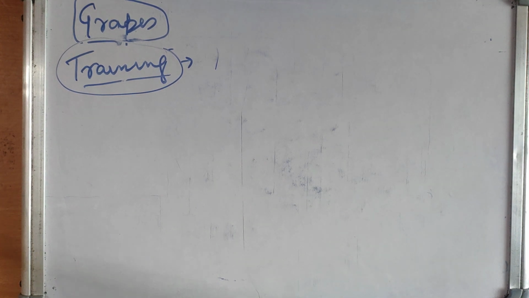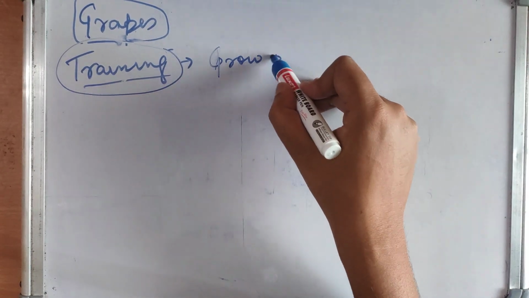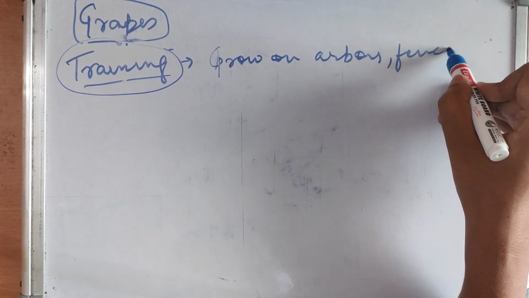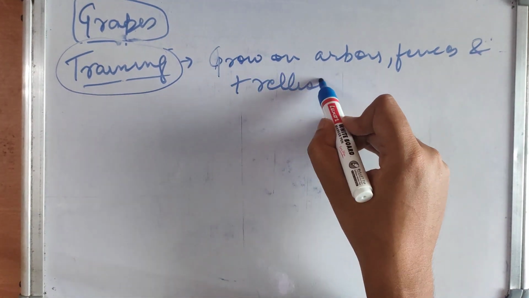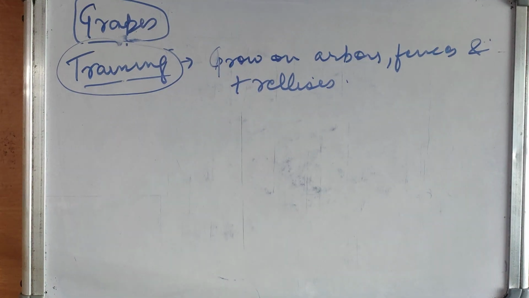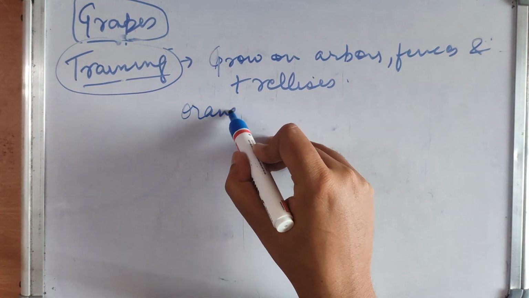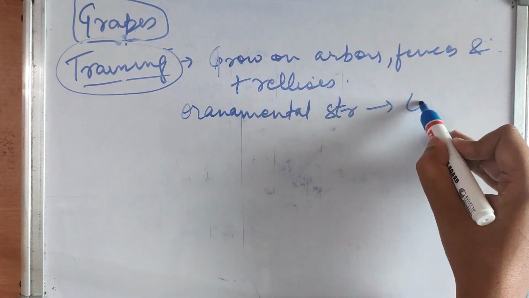We need to cut parts so that it grows as per our need. For an ornamental structure, we need to train for a longer trunk.